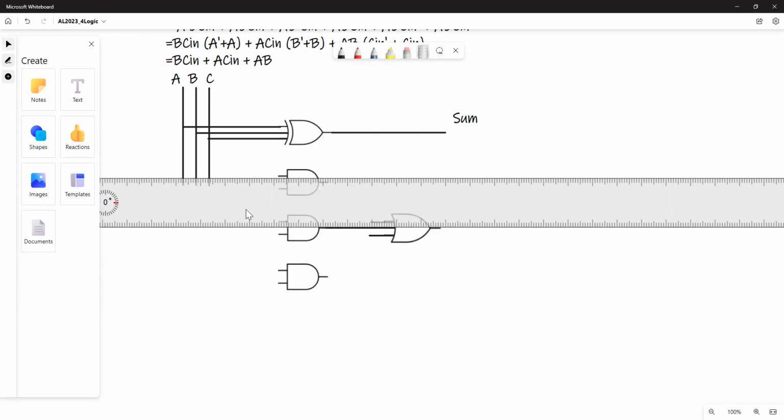Now we have to combine AB. So in this one, I will have AB. I'm going to connect AB.